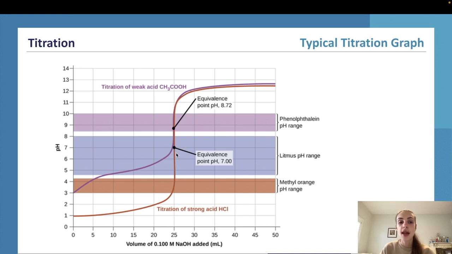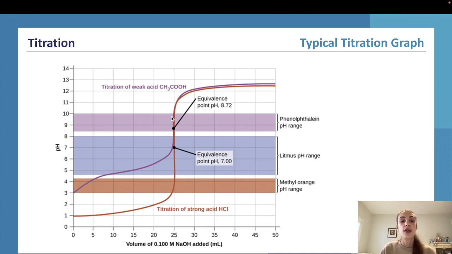And so we determine that our equivalence point is at pH of 7. And so this is because if we have a strong acid and a strong base, it's going to be entirely neutral at a neutral pH.